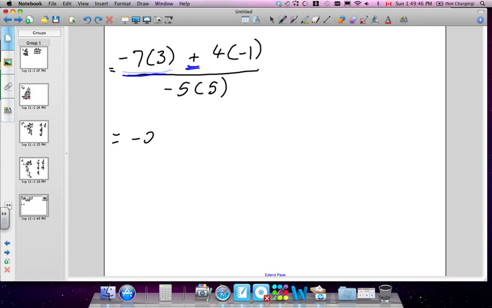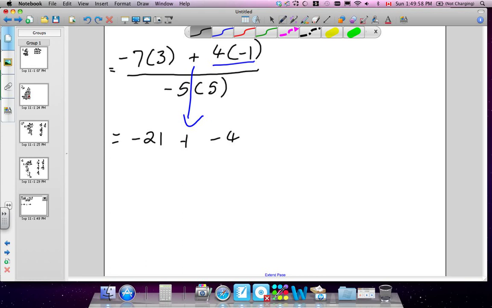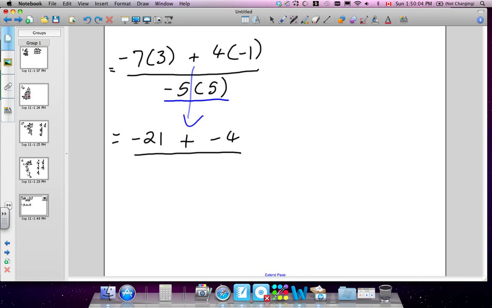So -7 times 3 is -21, and 4 times -1 is -4. Then I bring down my addition sign in between. Now it's all divided by -5 times 5, which is -25.